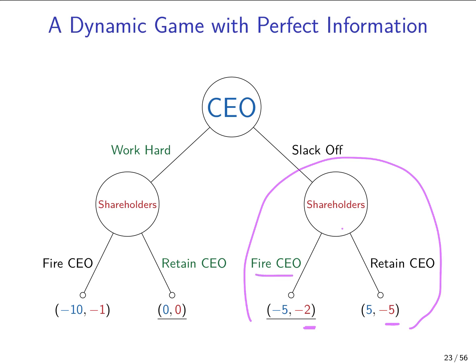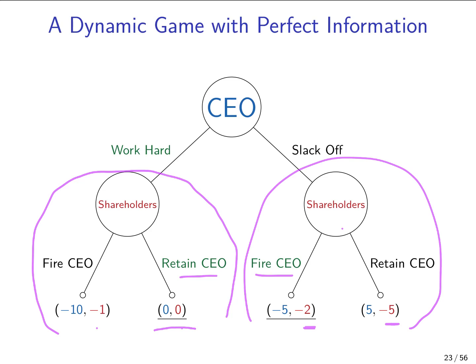So in that subgame, the shareholder would choose to fire the CEO. And if we look at this subgame, keeping the CEO, given that the CEO has been working hard, gives the shareholder 0, and that would be better than firing the CEO, which gives -1. So in this subgame, the shareholder would keep the CEO.